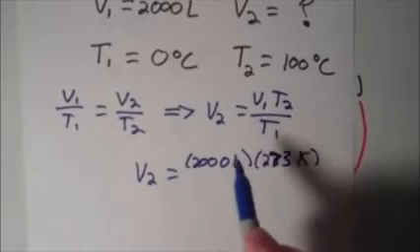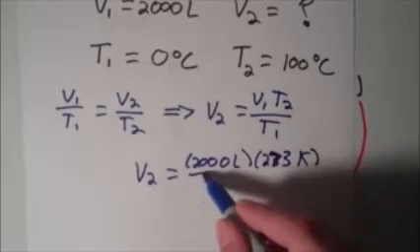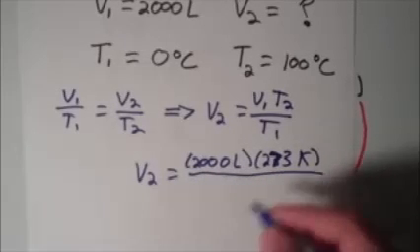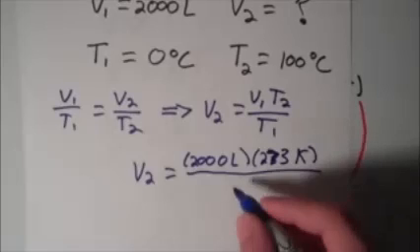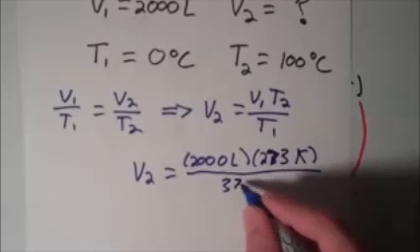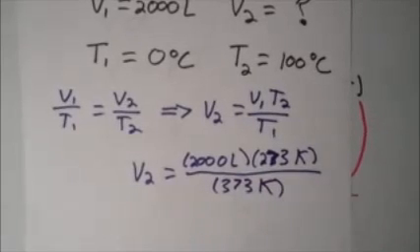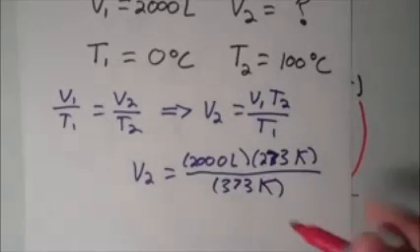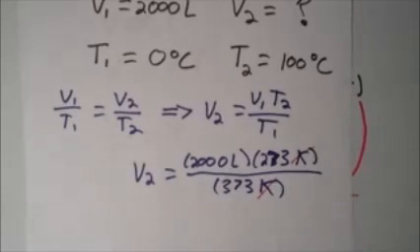So that takes care of V1 and T2. Now we have to divide this whole thing by T1, which is 100 degrees Celsius. And if we convert that also to Kelvin, we would get 373 kelvins. And it looks like our kelvins cancel, and that leaves us with nothing but liters.